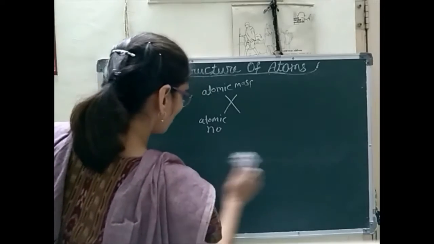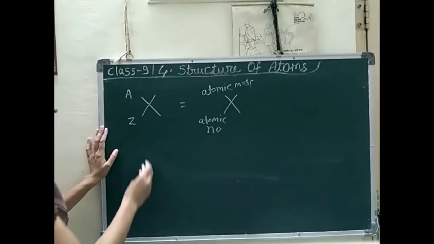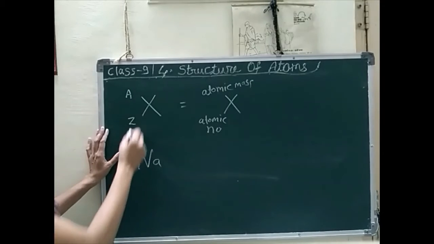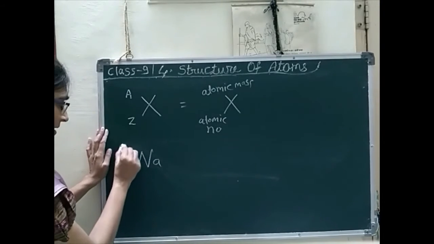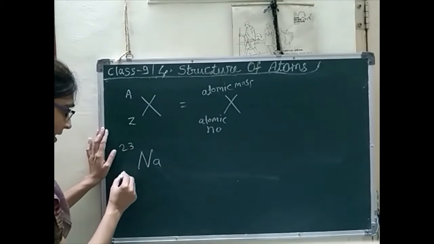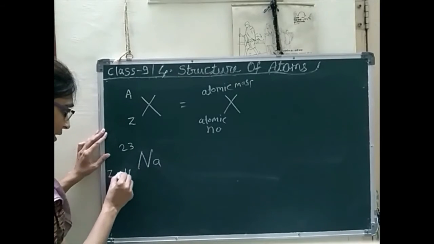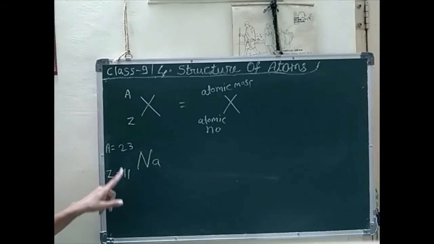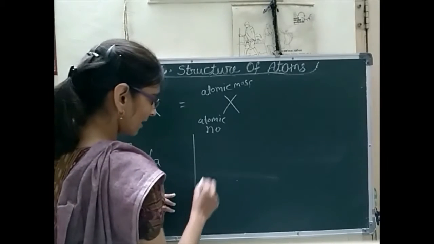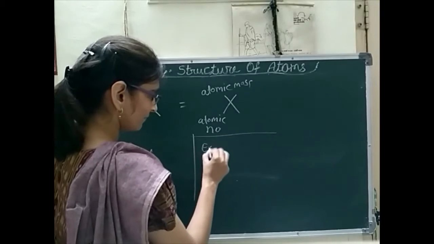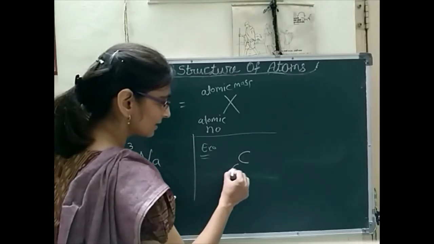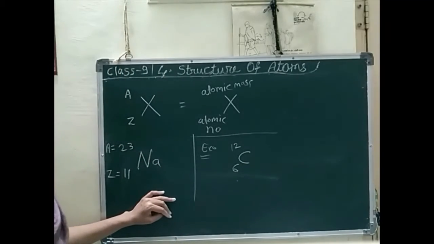Now we will see different atoms. Suppose sodium: atomic mass A is 23 and atomic number Z is 11. In this manner you write the atomic number and atomic mass for any atom. Another example, carbon: 6 and 12.